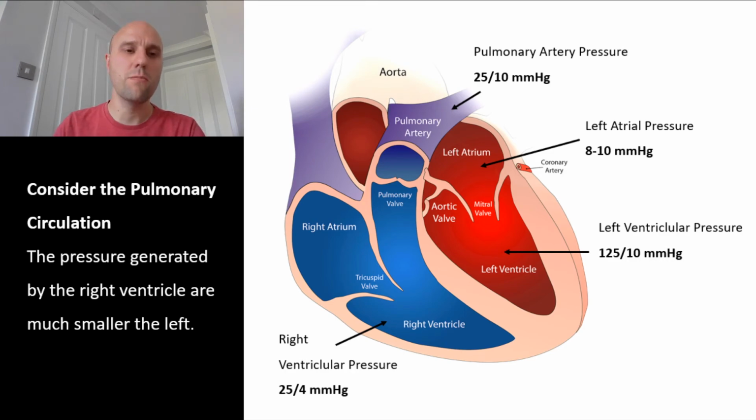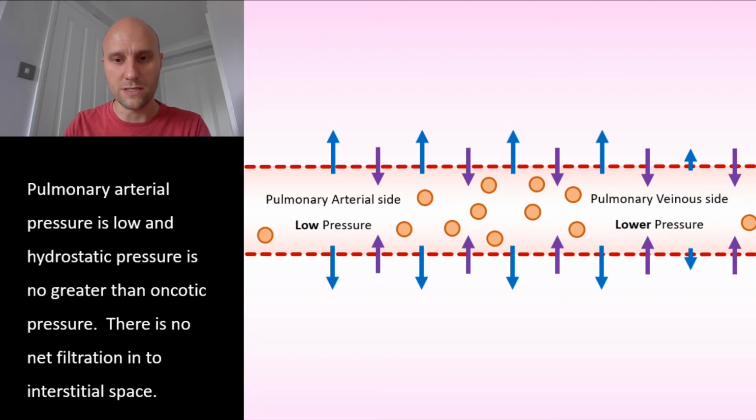We're going to move from the systemic circulation to the pulmonary circulation now. So we're thinking about the blood coming back in through the vena cava into the right side of the heart and being pumped through the pulmonary artery, through the lungs, and into the left side of the heart. Ordinarily in health, this is a much lower pressure circulation. You don't need the great pressures that are generated by the left ventricle, for instance.